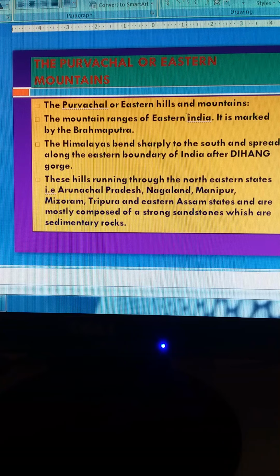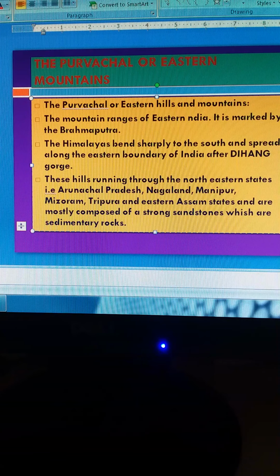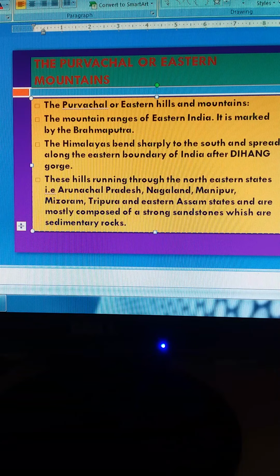The Purvachal or the eastern Himalayas and mountains are the mountain ranges in eastern India, marked by the Brahmaputra. The Himalaya bends sharply to the south and spreads along the eastern boundary of India after Dihang Gorge.